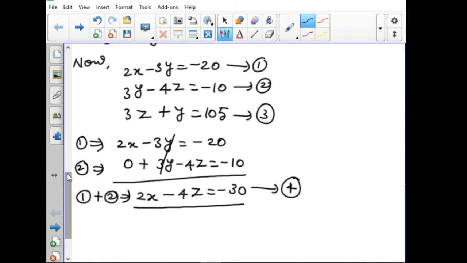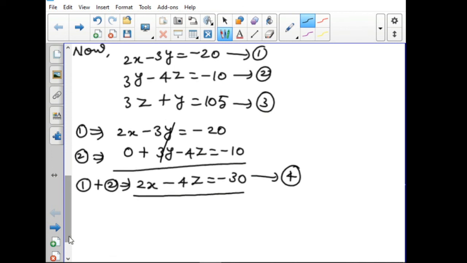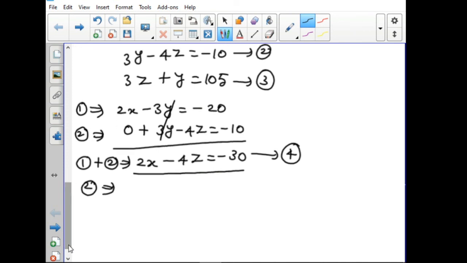So I am going to convert equation 3 in terms of 3y. So I have to consider equations 2 and 3. Equation 2 is 3y minus 4z equal to minus 10. Equation 3, I have to multiply by 3.